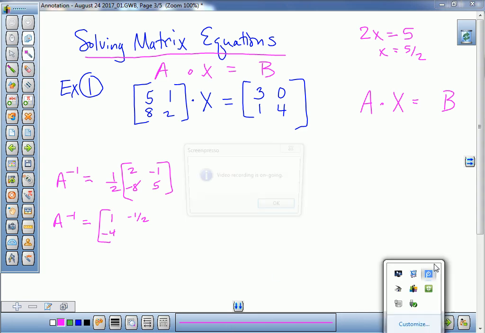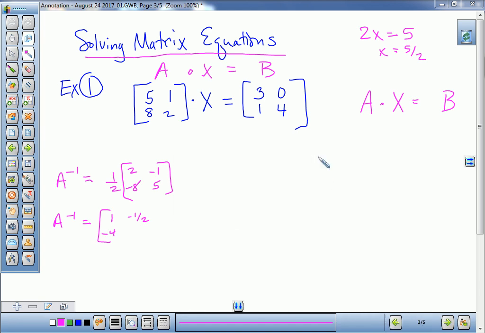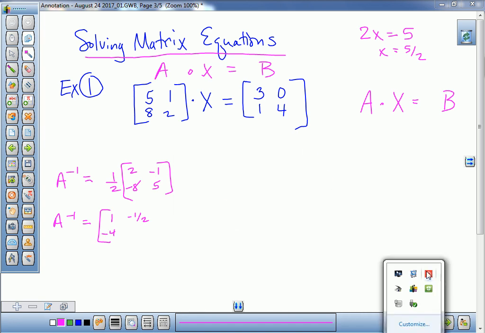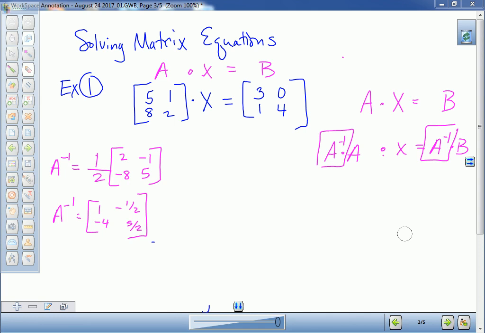All right, let me pause again, see if I can get this working. Okay, so we took a time out to see if the Mobi would start working. We think it's working. We'll see.